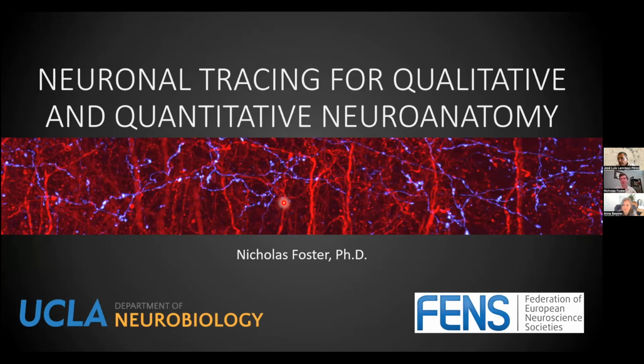To do that, you need to know what the properties of the tracers are, and I like to not think of tracers really in terms of good or bad tracers, but really, what are the properties of this tracer, and is that most appropriate for the experiment that I want to do. So I'm going to explain some of the injection strategies that we use in our lab, and I'm also going to talk about a couple of the properties of some of these tracers to complement what Jose and Anna have already told you.